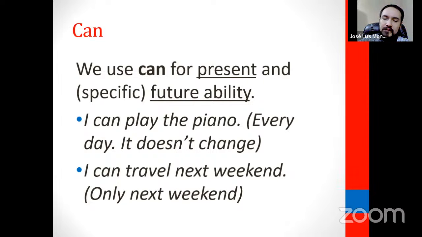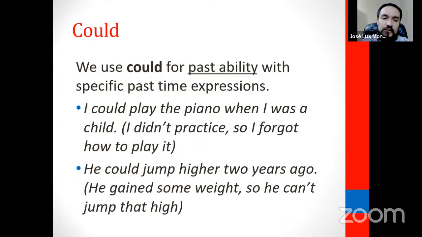All right, that's again very important to understand that the idea of saying future with can is that it's very specific. I can drive you home tonight. That's another thing related to a specific future, but it isn't a present ability that you got. No, it's just a very specific ability or possibility for future.